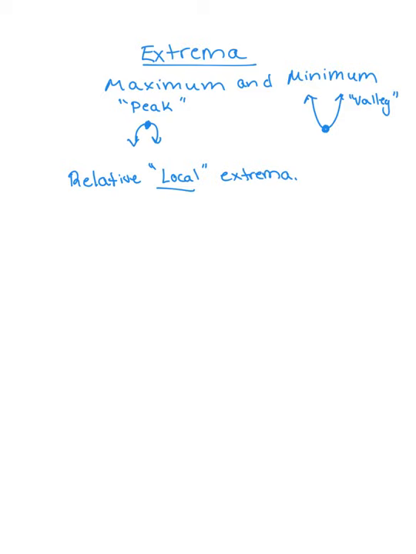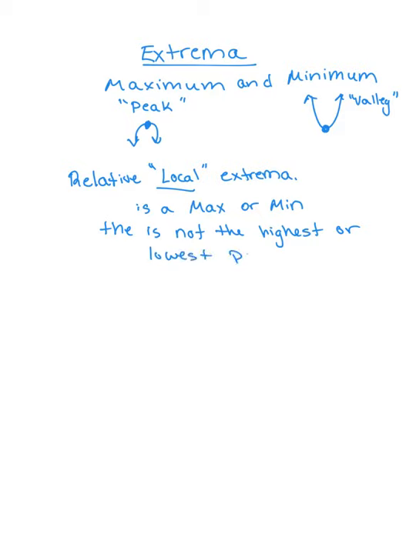Your relative or local is a max or a min, and these are abbreviated, maximum or minimum. That is not the highest or lowest point of your graph. Sometimes you might have a local, sometimes you won't.